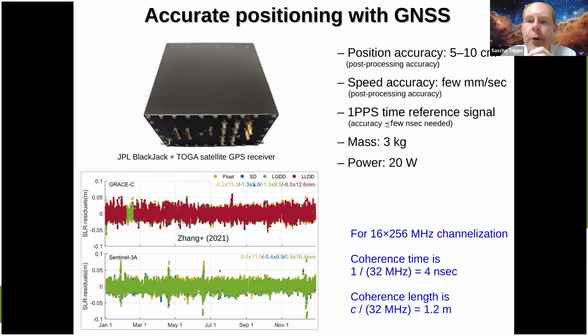But we know how to do that because we've been doing this all the time. This method is called precise orbit determination, and there are multiple examples of satellites that had their positions determined within 5 to 10 centimeters absolute accuracy. So we know how to do that.